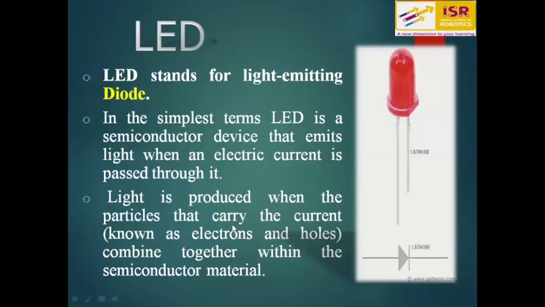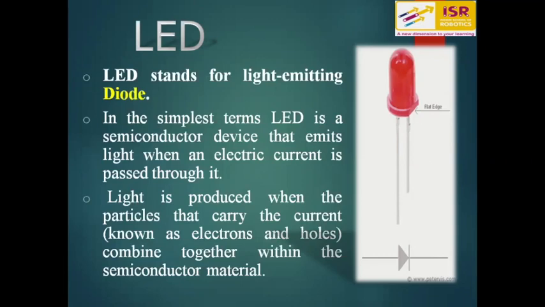So starting with LEDs first. LED stands for light emitting diode. In the simplest terms, LED is a semiconductor device that emits light when an electric current is passed through it. Light is produced when the particles that carry the current combine together within the semiconductor material.